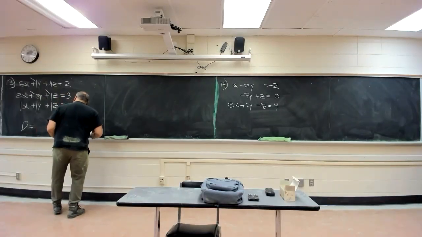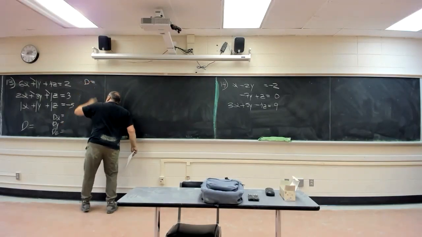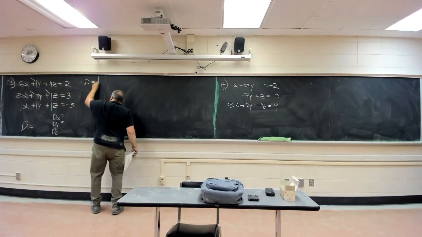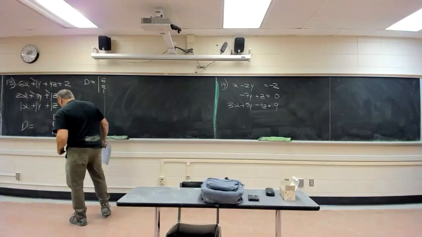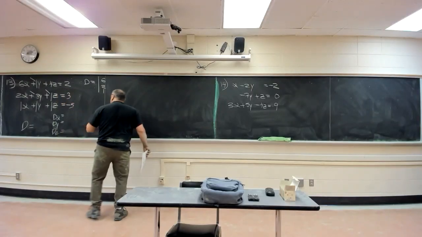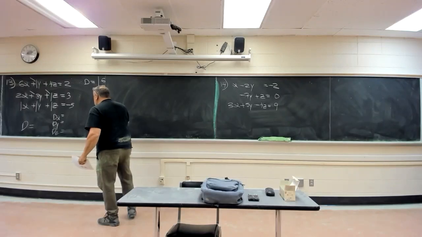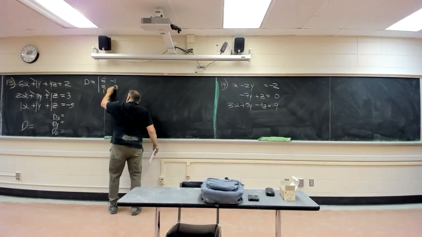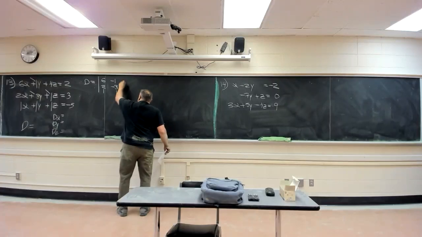The d is going to be 6, 2, 1, -1, -3, 1. Forgive me. Yeah, right. 6, 2, 1, -1, -3, 1, 4, -1, 1.